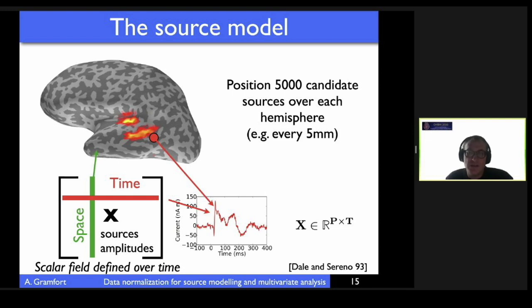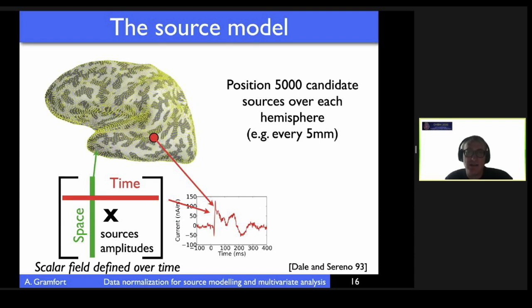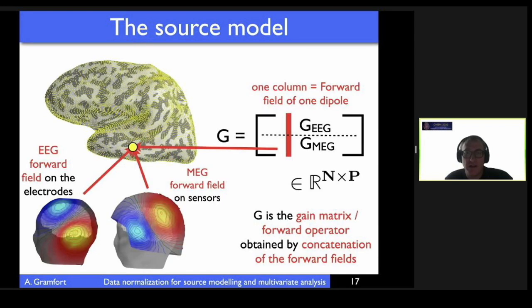So in order to do this using a distributed source model, okay, this is an alternative to the dipole fit, what you would do is discretize your source space using all of these yellow dots. And for each of these yellow dots, you're going to compute the forward model that I illustrated before, using these topographies on the left using EEG or on the right using MEG. So you're going to compute the forward model for each of these yellow dots.